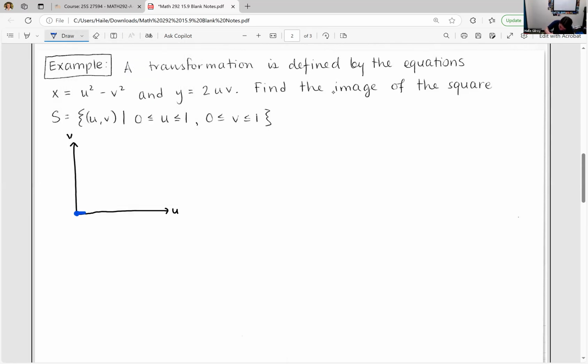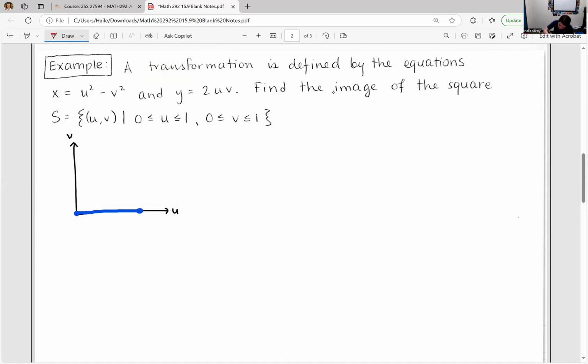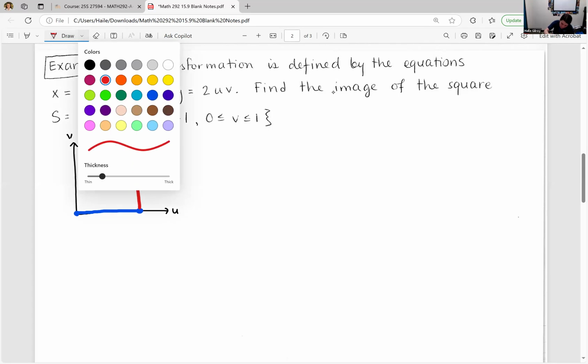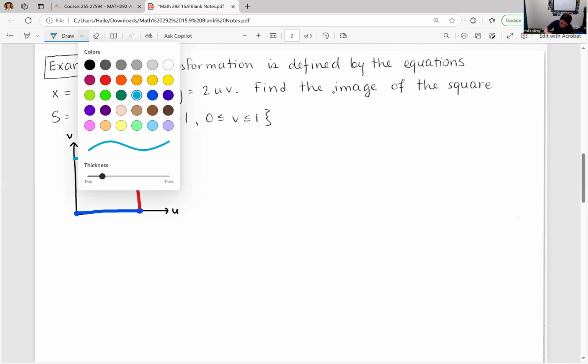Okay, so maybe I make this blue right here. And then I'm going to make each side of this square a different color. So maybe let's make another side red. And we can make another side teal. And then maybe the last side we make pink.